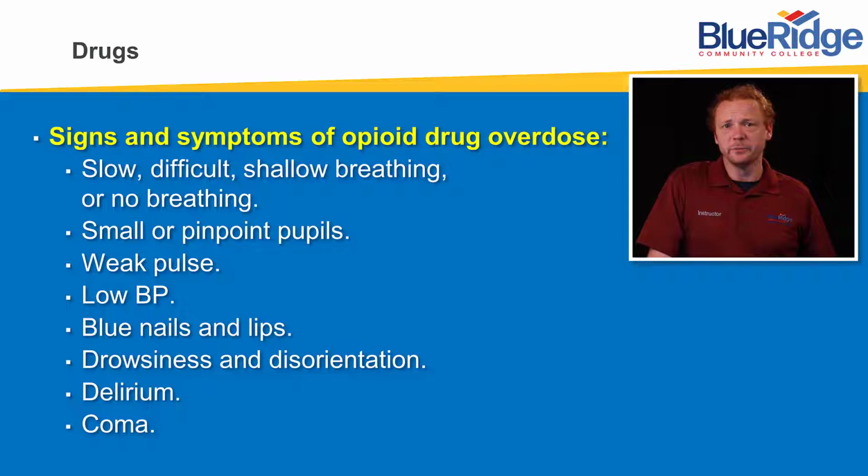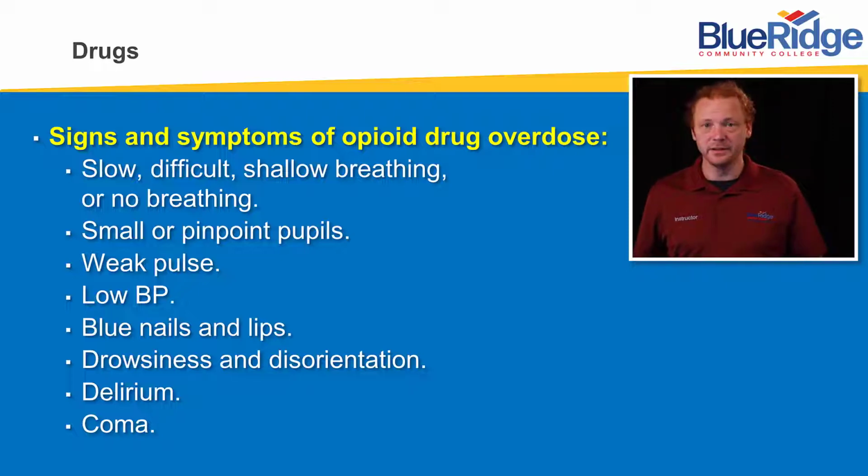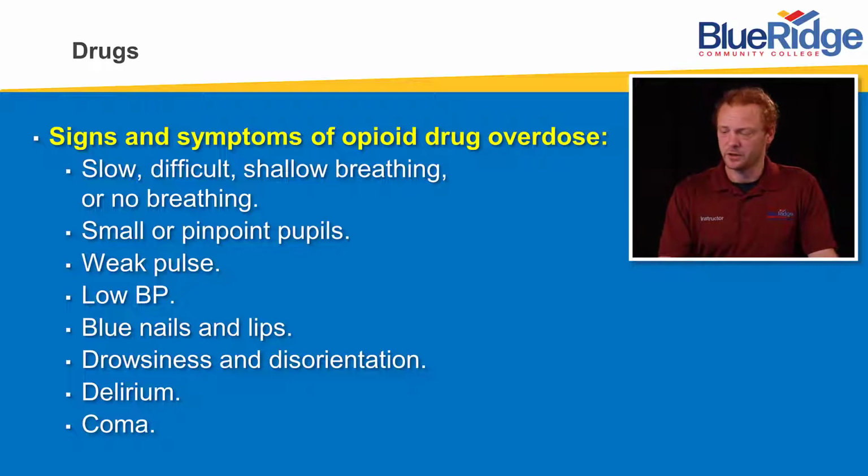Some signs and symptoms of an opioid overdose include slow, difficult, shallow breathing or no breathing, small or pinpoint pupils, weak pulse, low blood pressure, blue nail beds and lips or cyanosis, drowsiness and disorientation, delirium, and coma.